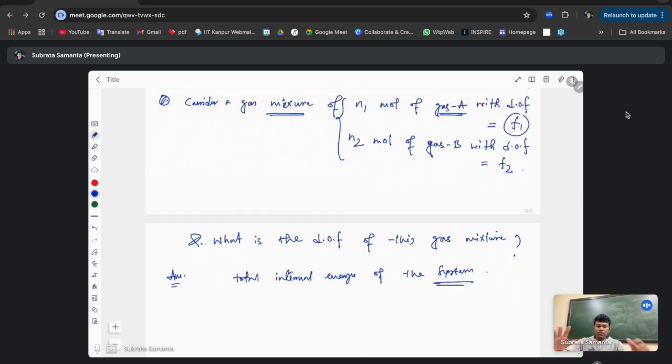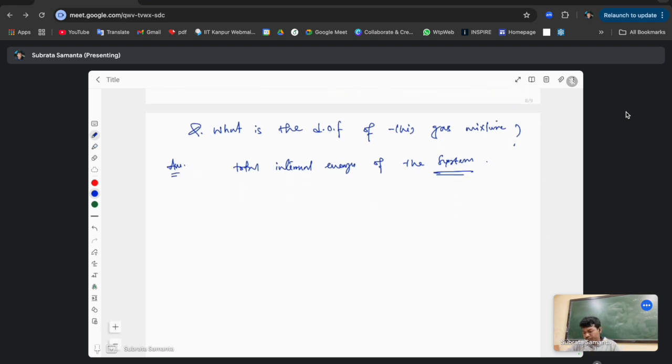Gas A and gas B have no interactions, so I simply mix the two gases: N1 moles of gas A with degree of freedom F1 and N2 moles of gas B with degree of freedom F2. So what is the total internal energy of the system? It's basically the system of gas A and gas B, the mixture. We just add the energies at the energy level. So E total. What is the internal energy of gas A?